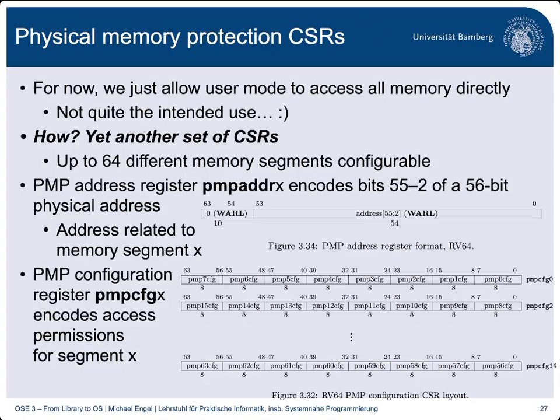So RWX for read, write, execute. And the first segment, starting from 0 to 63, that contains information about a given address we're trying to access is the one that's used.